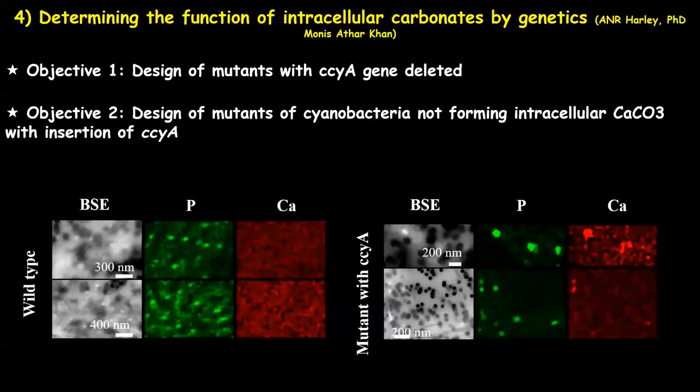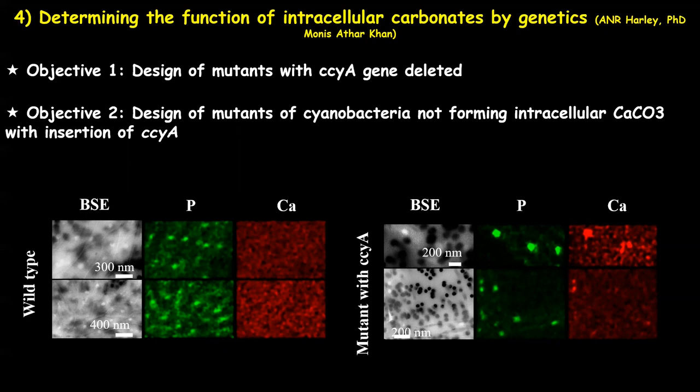I'll skip that. Another thing we can do is, in those bacteria having calcyanine, delete the gene. This is what is called genetics, and try to see what happens when you delete the gene. This is very trivial, the way I say it. We have already one PhD student who managed, not to delete the gene in those bacteria, but to insert the gene in cyanobacteria not forming intracellular carbonate.